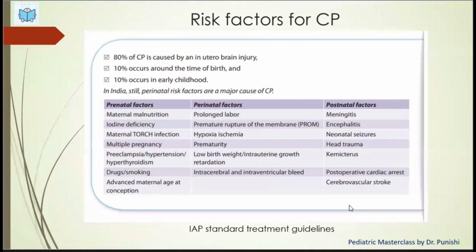This is a snapshot of those guidelines. This is something which can be asked: what are the risk factors of CP? When asked that, you need to classify them as antenatal, perinatal, and postnatal factors.